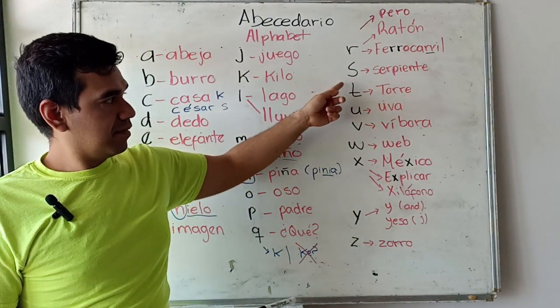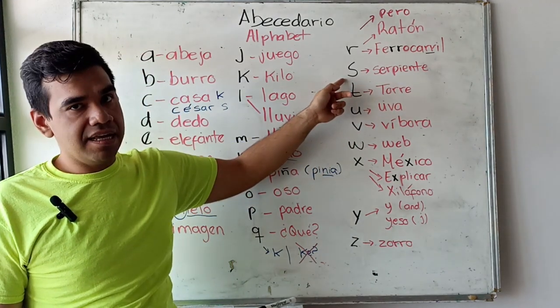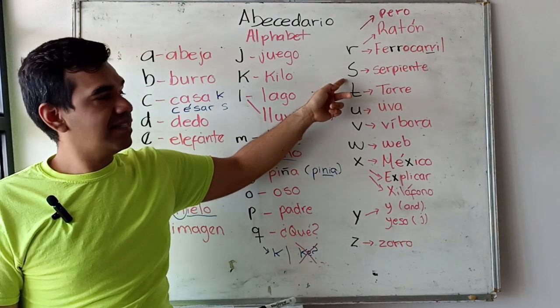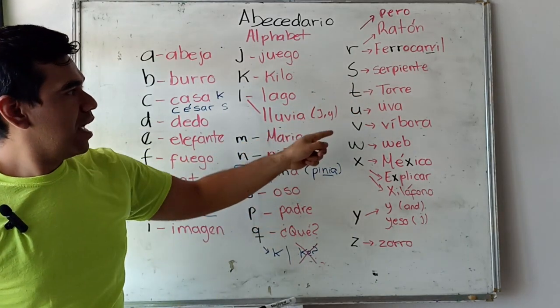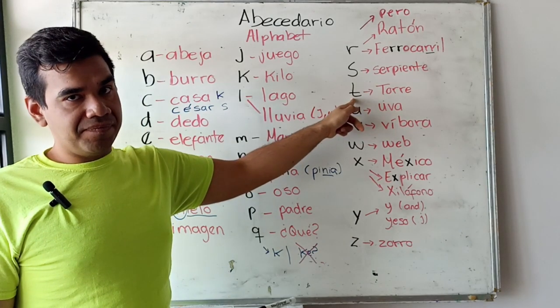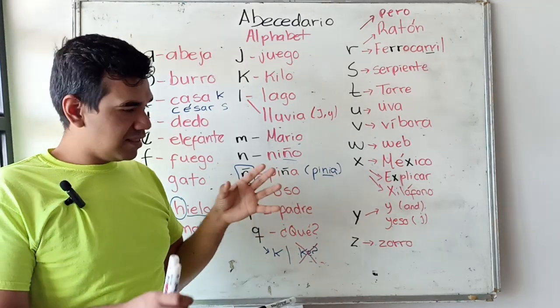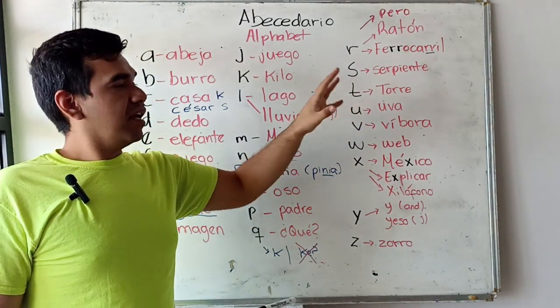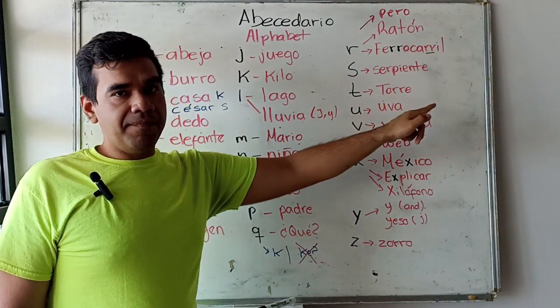So, S, serpiente. S. T, torre. It's the same. T, it's like torre.